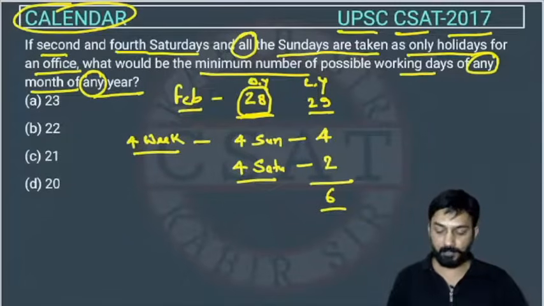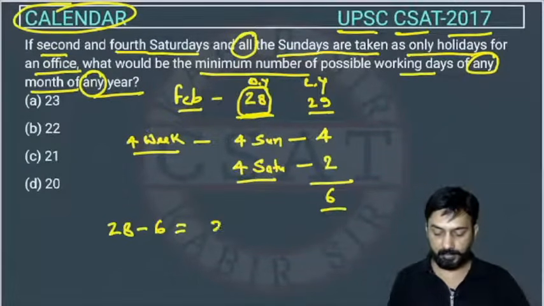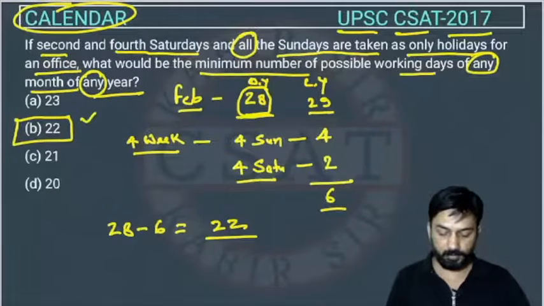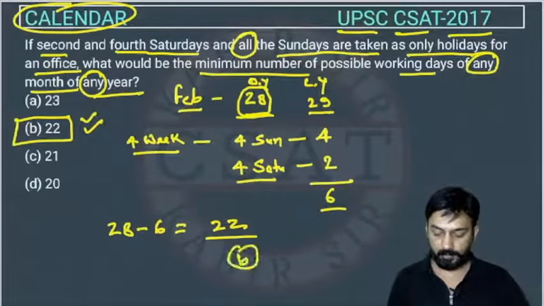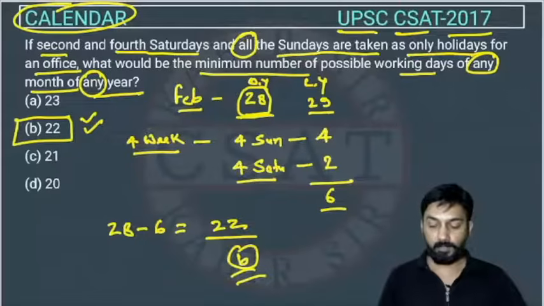So how many working days are there? The total days are 28. Out of it, 6 are holidays, so the working days are 22. So the answer is option B. So this is the minimum number of working days.